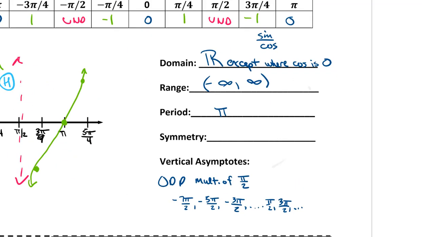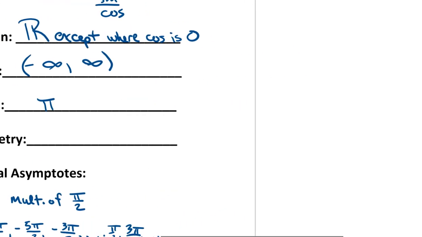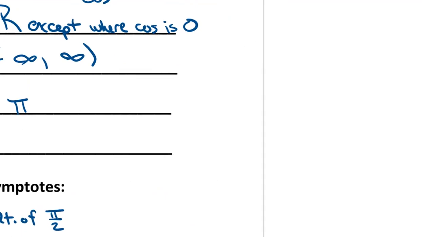And then the symmetry, so let's talk about that. We're going to go back to polynomials here for a second. I want you to think about odd and even degree rational functions. In that, we had a couple different ways that our function could go. So say we had this vertical asymptote. Now our function, both ends could go up as you approach the asymptote, or potentially both ends of your graph went down.